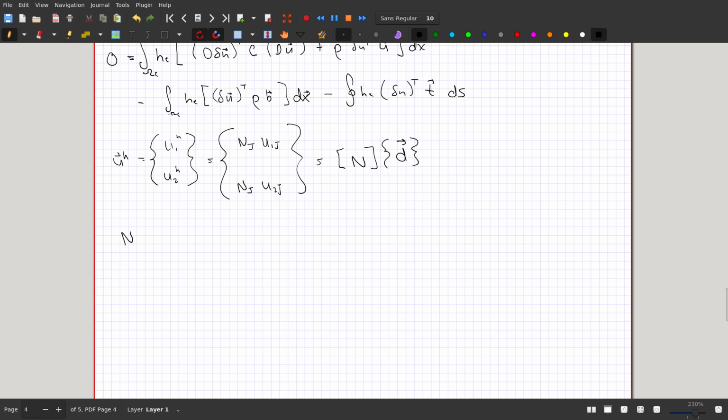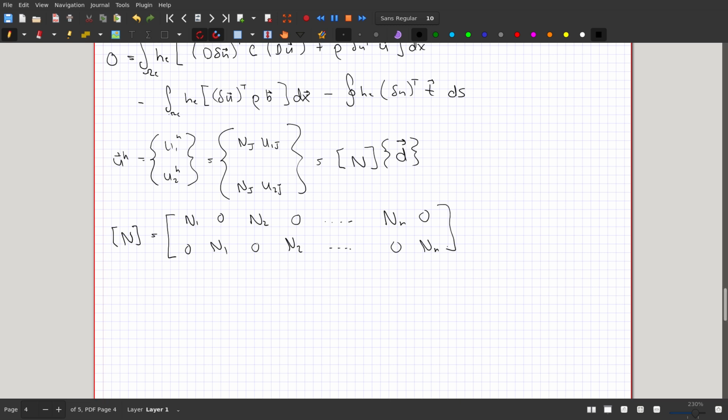And then the biggest difference here is that we have N1, 0, N2, 0, dot, dot, dot, N, 0, and 0, N1, 0, N2, dot, dot, dot, 0, N, right? Because we have x and y, so the shape functions are functions of x and y. And if we're going to write it in a matrix form, then we need to multiply this vector of unknowns, which is the same length as the number of shape functions, the number of nodes in the element.